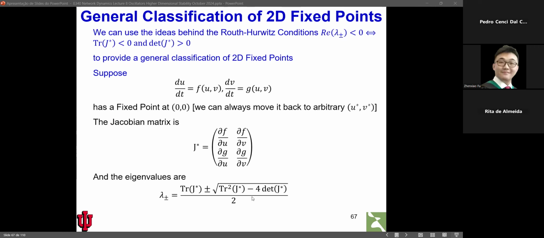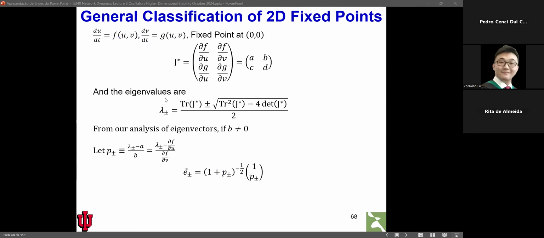And here you have the expression for the two eigenvalues. And then we are going to look for the fixed point at 0, 0, because we put the u star, v star at 0 to make the calculations simpler. Okay, so all the eigenvalues are like this.